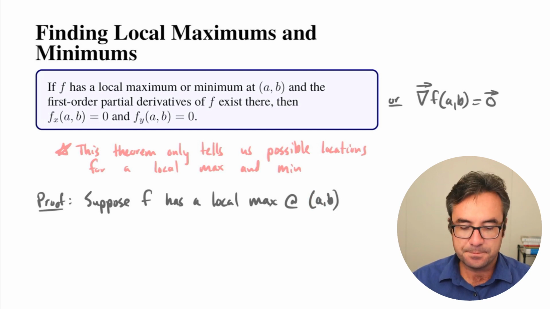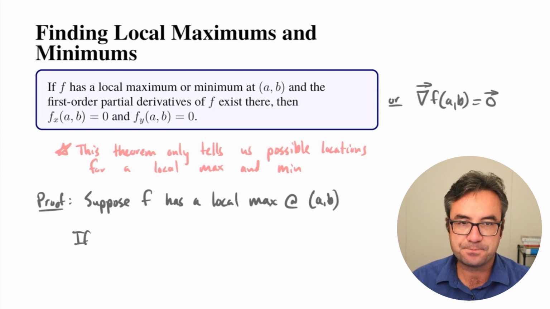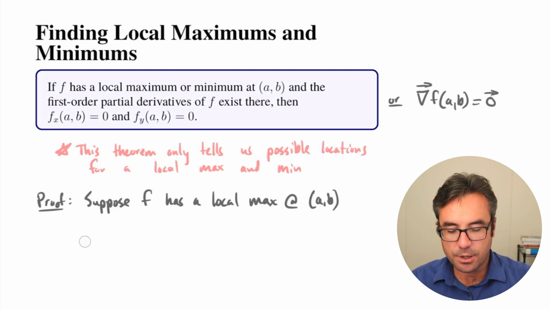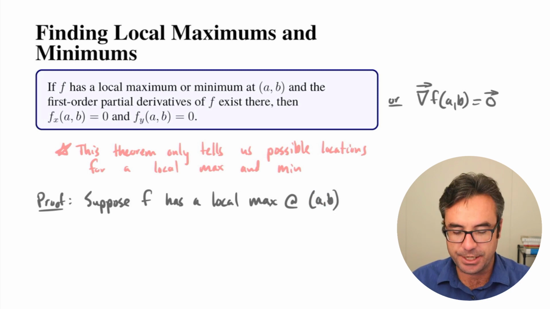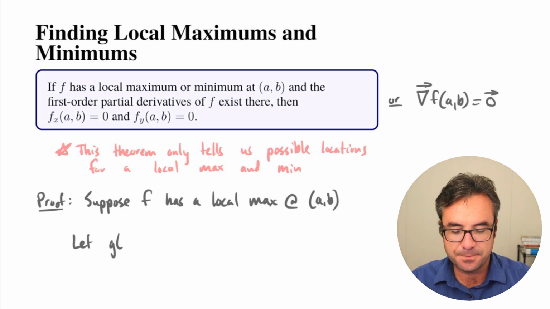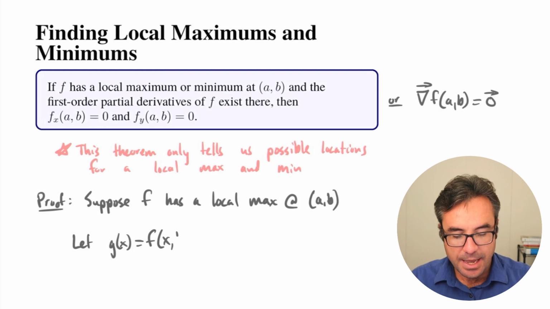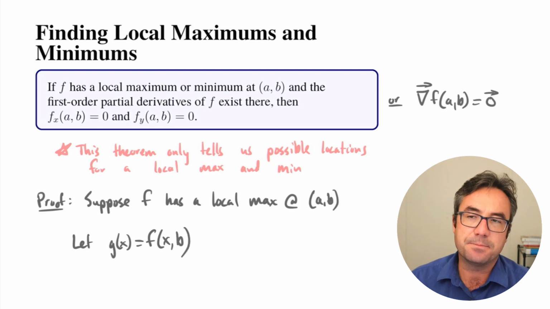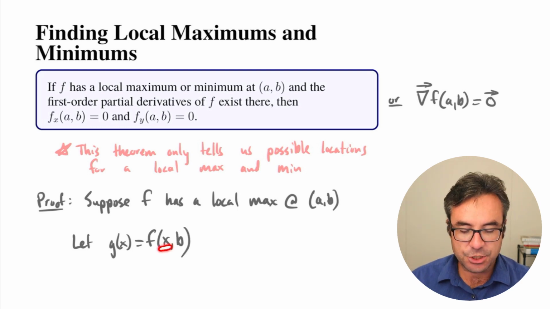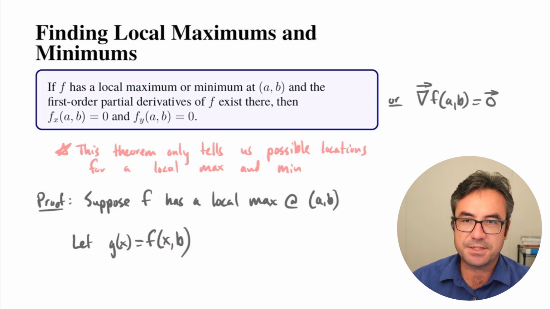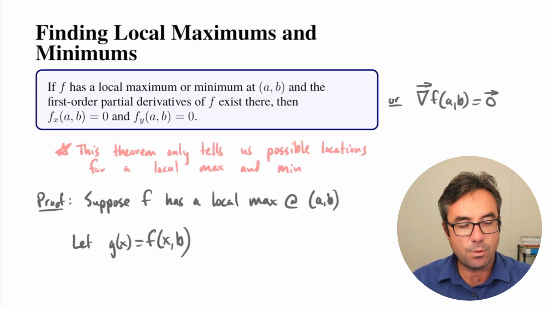So we're going to cook up a function, and let's call it g. So let g of x equal the function f of x, and we're going to keep y fixed at b. So we're going to let x change, but we're keeping y fixed. So this is a one variable function.